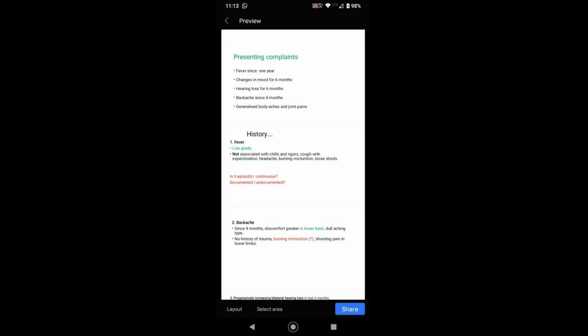So feeling feverish is not the same as having a fever. Feeling feverish could just be a manifestation of feeling fatigued, just feeling tired. It could be a manifestation that maybe you're not even psychologically well. So the first thing to remember is always, always when patients come to you, ask whether the fever is documented or undocumented. That is, has the patient measured the fever?